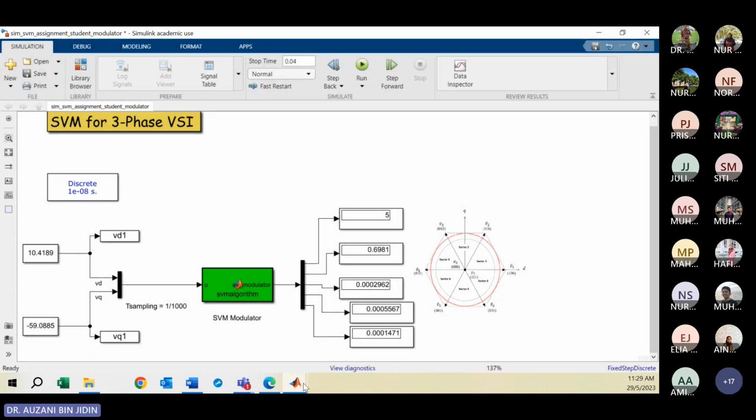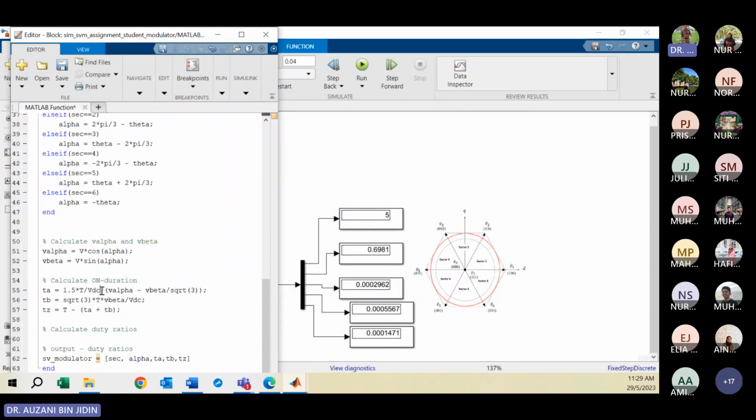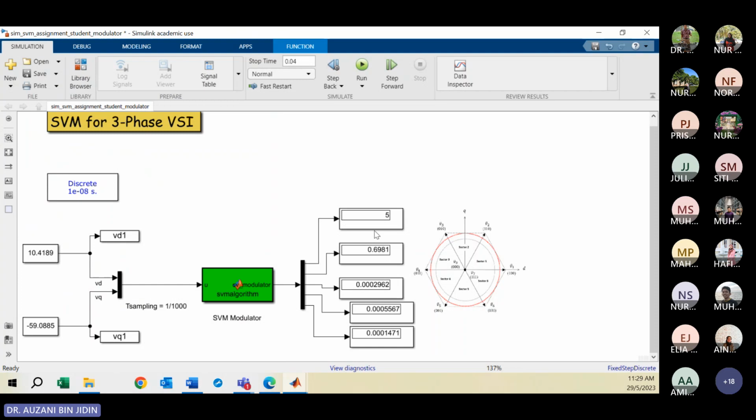So make sure you put the multiply symbol, the star symbol. Okay, so true, is it right? This is for sector. Maybe I can put here is sector. Here we produce the output for sector.